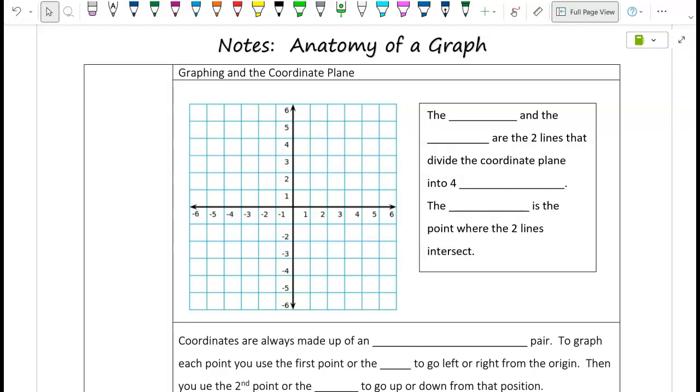So what you're looking at there, what we call a graph, is also known as a coordinate plane. The x-axis and the y-axis are the two lines that divide the coordinate plane into 4 quadrants.